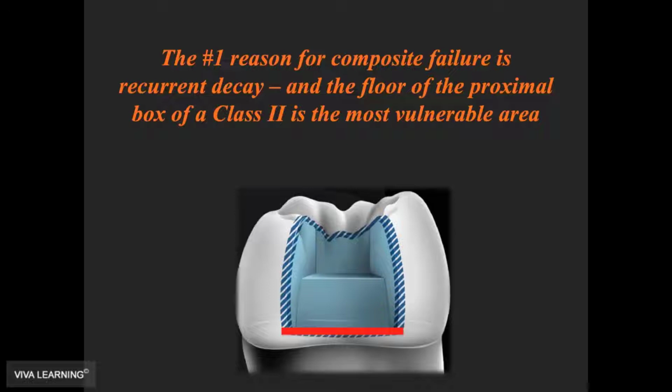Light energy, making sure you're using a light that really provides the appropriate energy to the restoration, is critical. If you don't do that and you don't adapt the composite into that box properly, you're going to get voids. You're going to get all kinds of challenges to the integrity of the margin that you're trying to create.